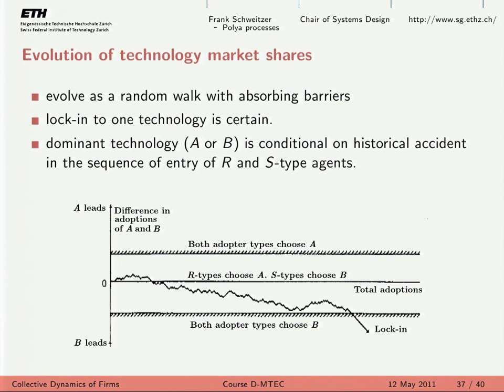You see, in the beginning, we have this kind of random walk process between R and S dominance. R means Apple product, S means Samsung product. But you see, when delta S or delta R are hit, these are the two boundaries.